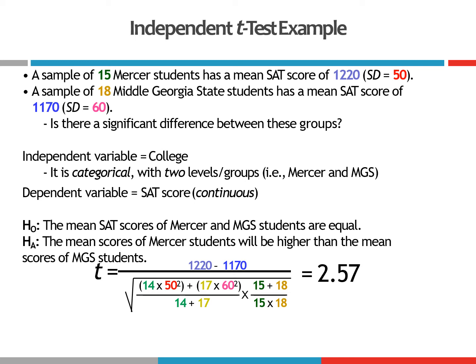So go ahead and practice this on your own. Use your calculator and make sure that you understand where each of those numbers came from and that you get the appropriate value after you plug in all those numbers.